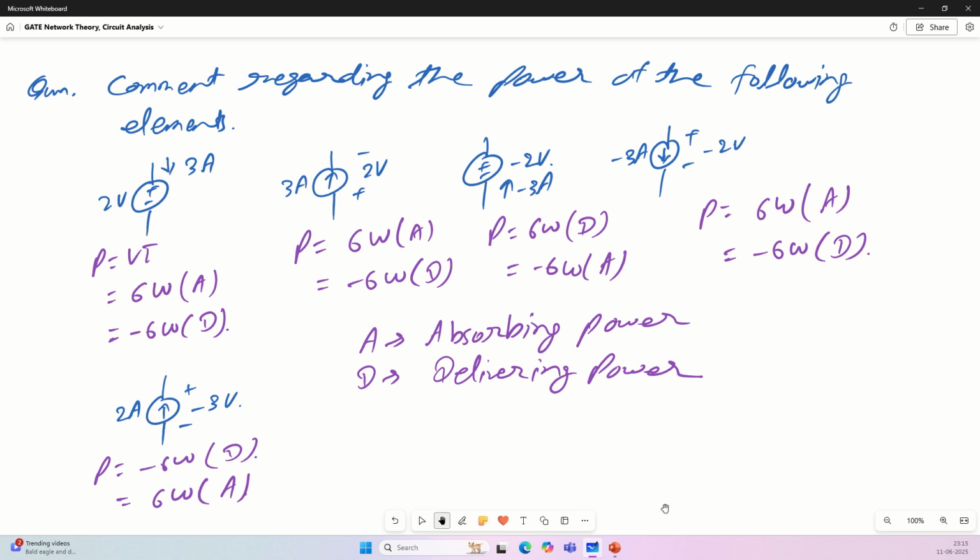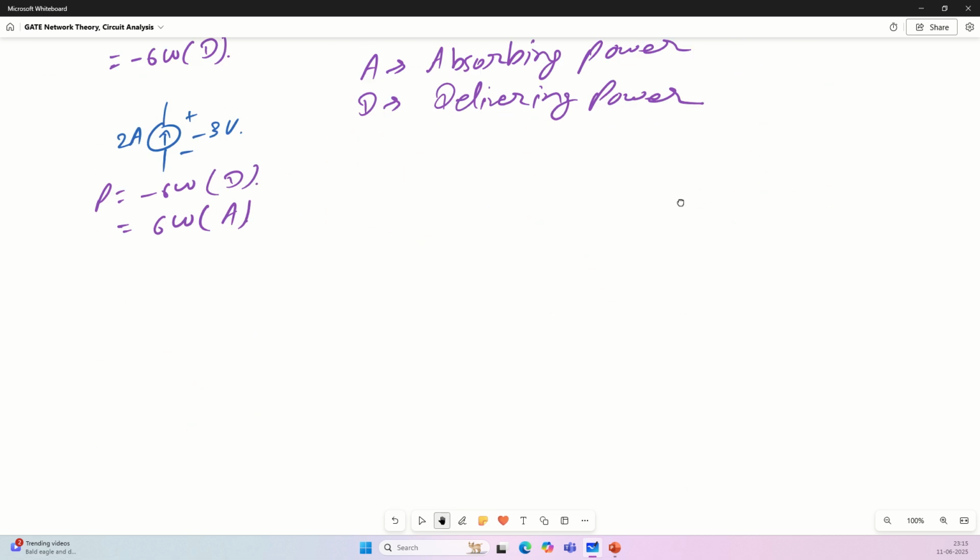Now let us talk about what is Tellegen's theorem. Okay. So we will talk about Tellegen's theorem. In this Tellegen's theorem, what it says is the sum of total power in a circuit at any instant of time is always zero.